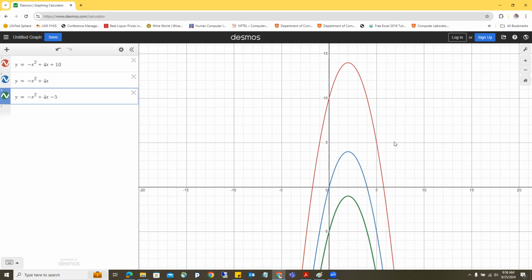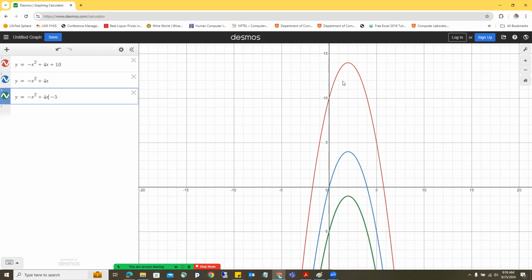Yes. So if you draw minus x squared plus 4x plus 10, and from that we derive the second function, the same graph, what has happened to it? It has been shifted down by 10 units.